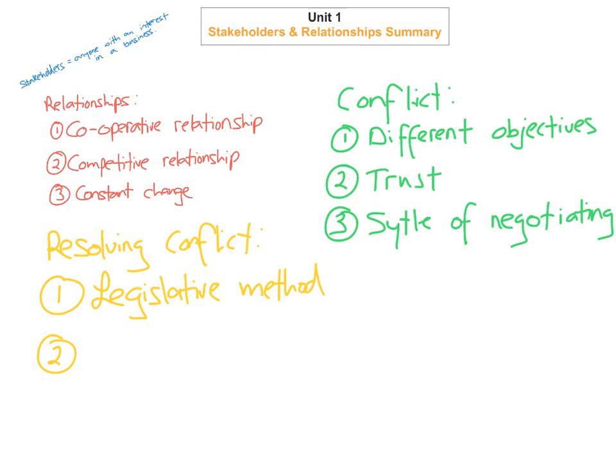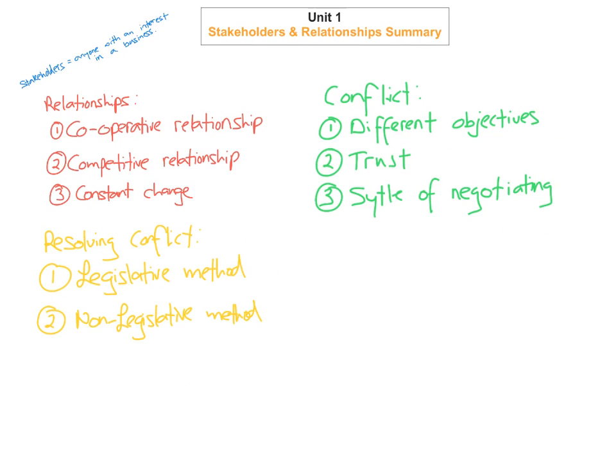And the second way you can resolve conflict is a non-legislative method. And this is by using something that's not to do with the law. So maybe it's negotiation, maybe it's a compromise. There are different ways to resolve conflict without using the law or legal force.